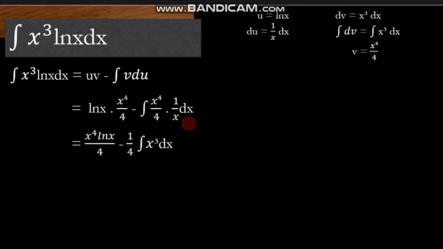Then we will just have to simplify it. So ln x times x raised to 4 over 4 is x raised to 4 ln x over 4, then minus 1 over 4, using the constant multiple rule, times the integral of x raised to 3 dx.